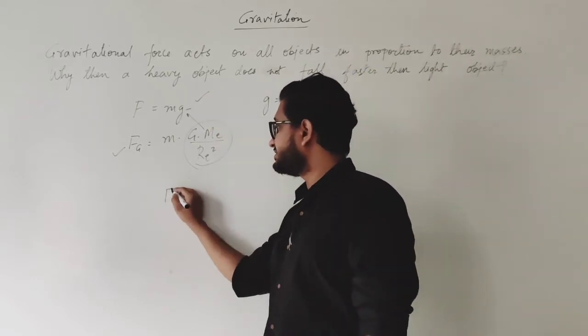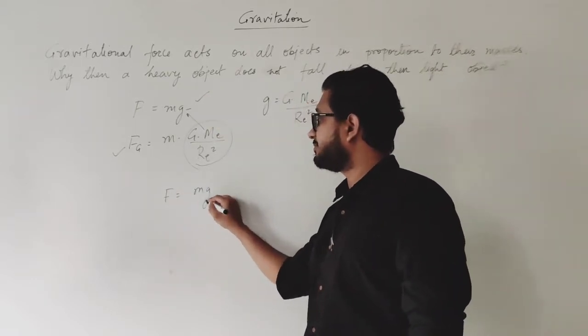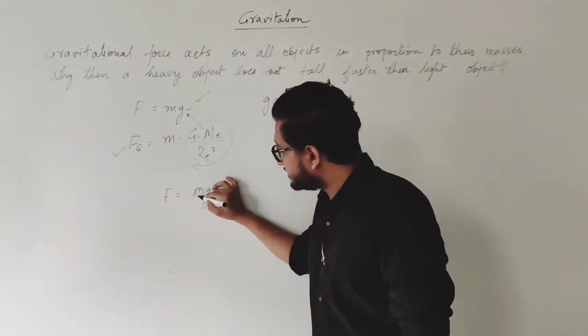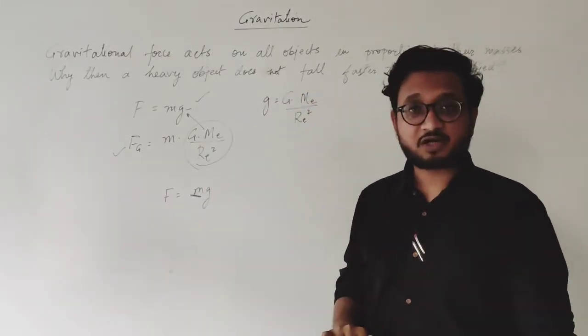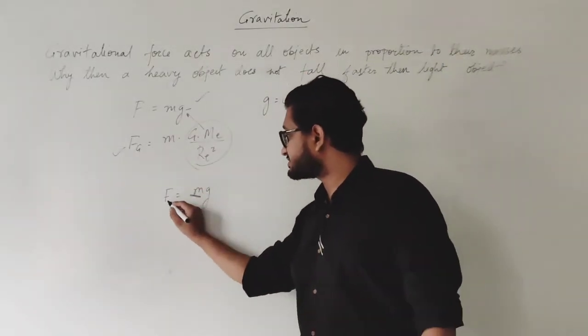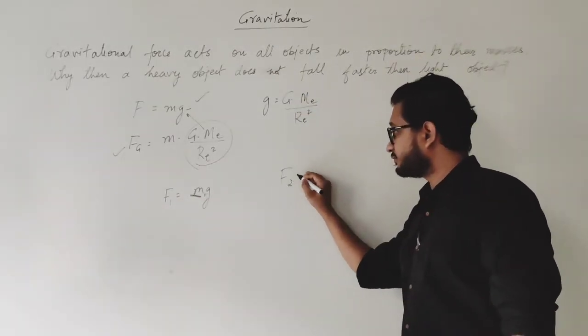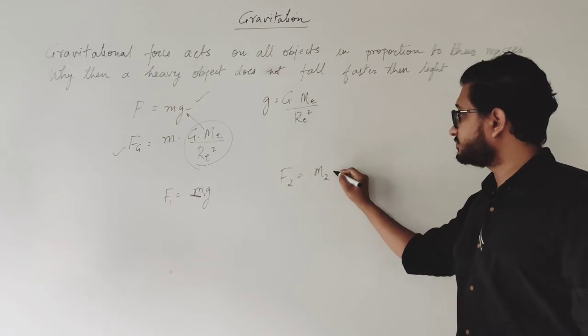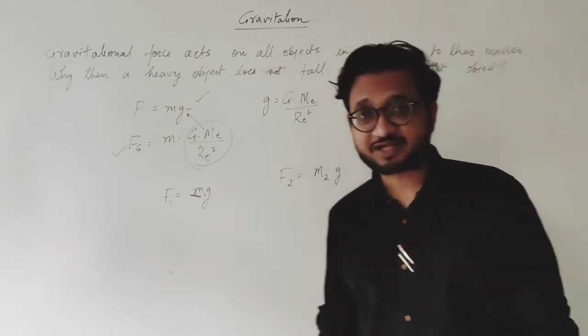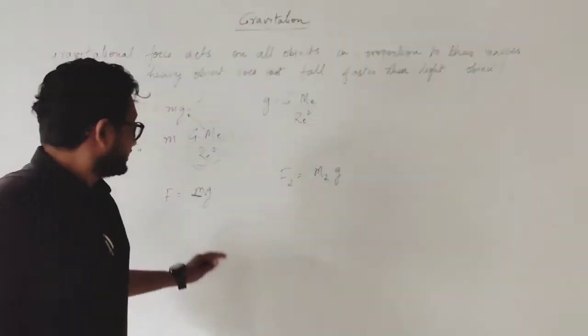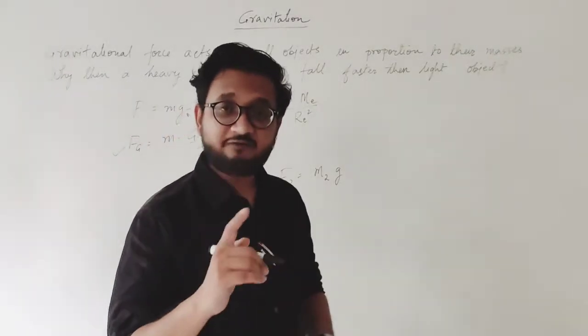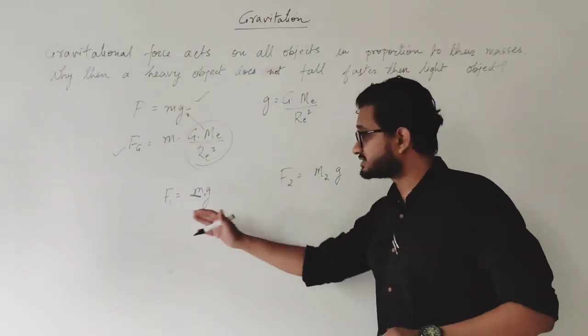And as you can see in this formula that F is equal to mg, it does not matter whatever is the mass of the object. Suppose this is the force F1 of the object of mass m1 and this is the force F2 of the object of mass m2, into small g, that is acceleration due to gravity. In both these cases, you will find that the gravitational force is different.